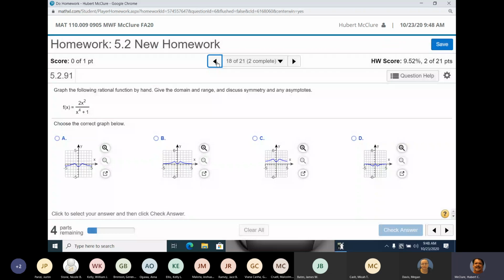All right, let me find one. All right, try that one. F of x is equal to 2x squared over x to the 4th plus 1. I wouldn't even try it. I'd quit. Too much work.